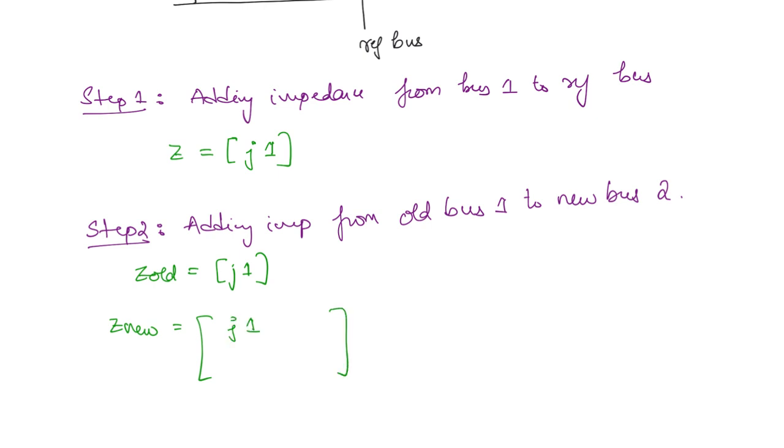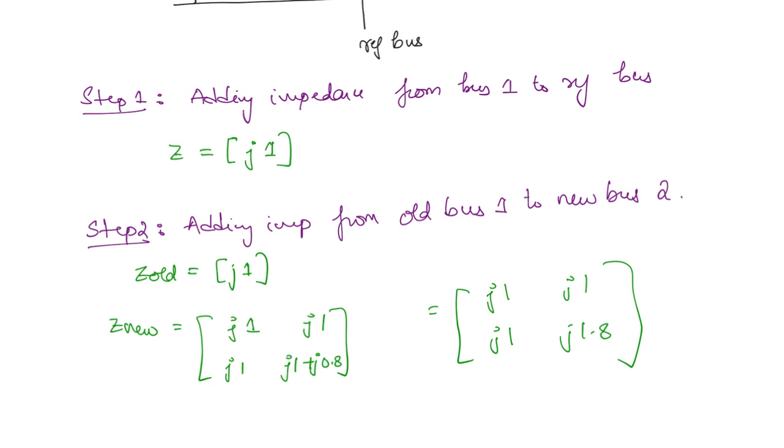Now 1 by 1 matrix will become 2 by 2 matrix, right. So here same row and column, right. So that is the same element, this is a one element matrix. So here you are going to get j1, j1, okay, and here you are going to get j1 plus whatever impedance we are adding. What is the impedance? j0.8, right. So now you are going to get the new one, j1, j1, j1 and j1.8, okay. So this is, we have added from bus 1 to bus 2.